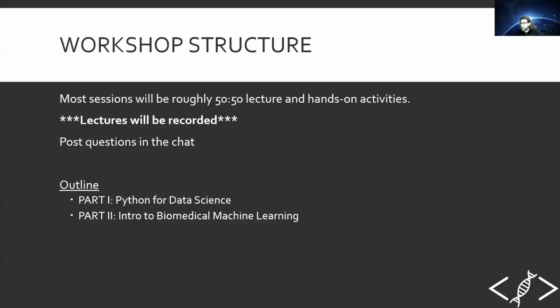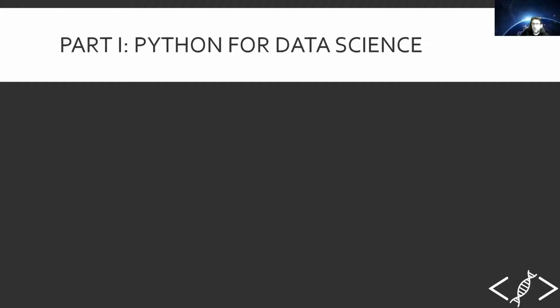Okay, back to it. This course is going to be in two parts. The first part is Python for data science, and this is where we're going to give you basic Python programming skills, especially for those who have never coded before. The first module is Introduction to Python Programming. That's what we're going to be doing today.